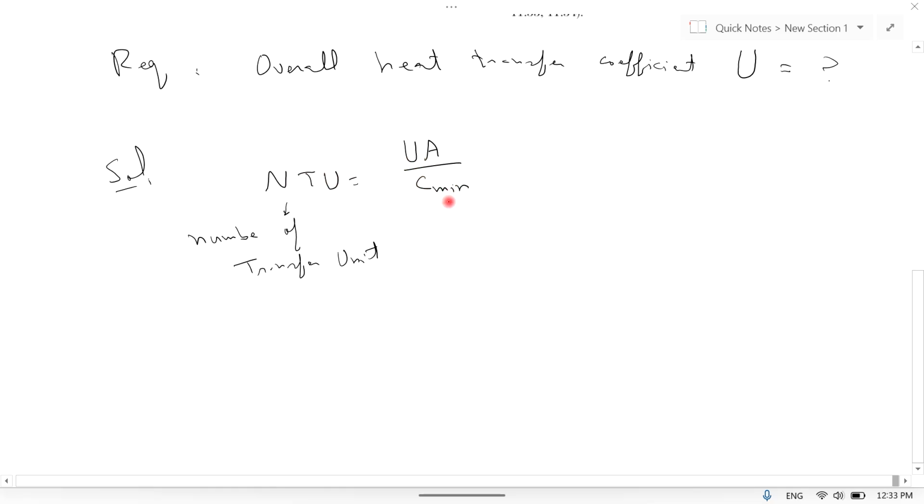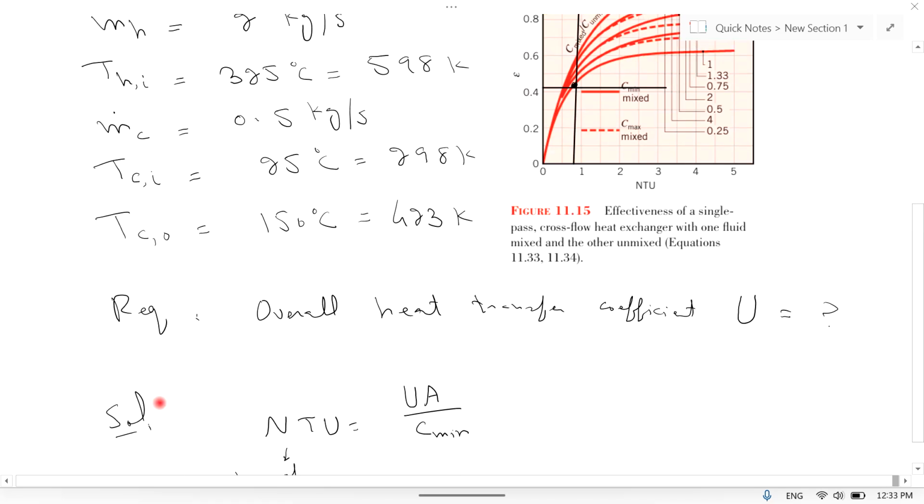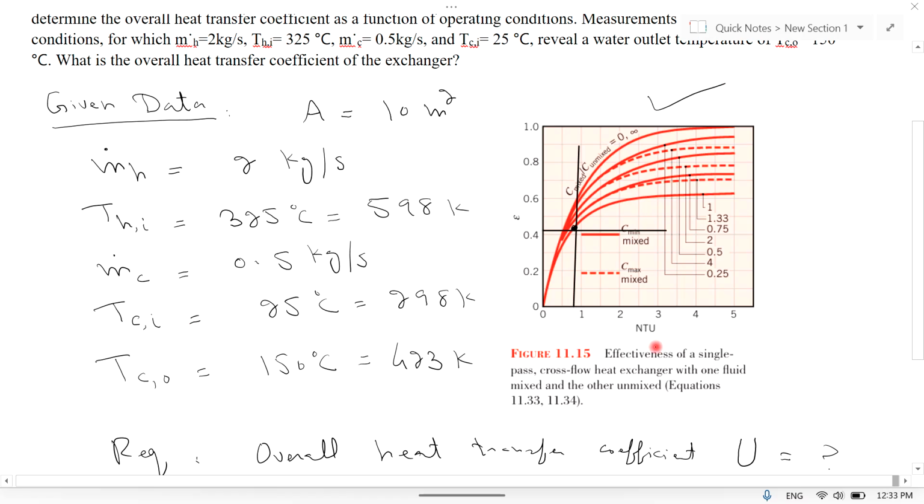We can easily find C minimum. Area is given to us, and we will find NTU from the graph, figure 11.15. To find NTU, we have to find the effectiveness of the heat exchanger, and second, the ratio C minimum divided by C maximum, the heat capacity ratio CR.